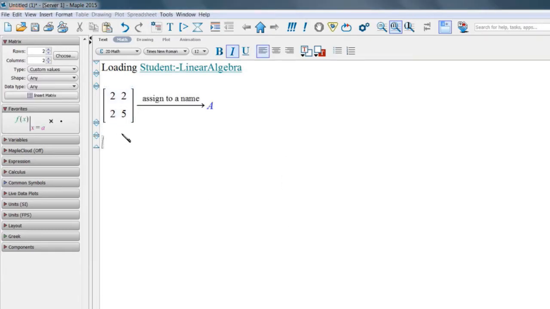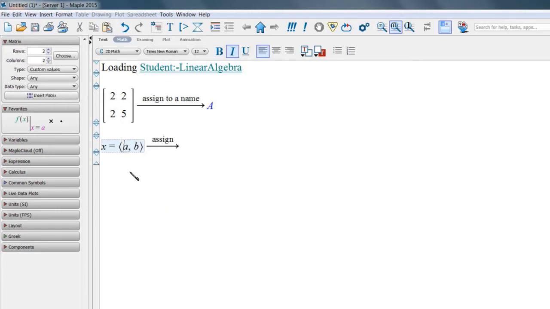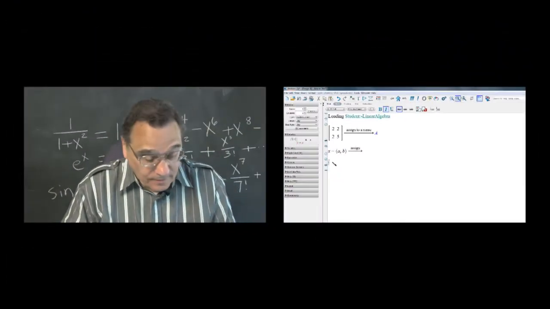And now I want a generic vector whose components are a and b, because I want to see what happens to AX. Let's assign a name here. And let's ask the question, can AX equal X?